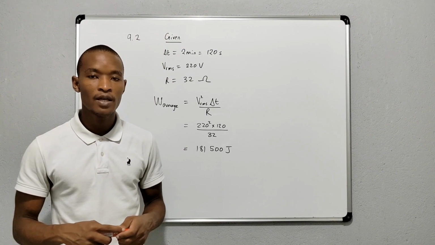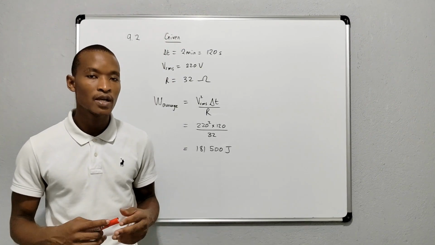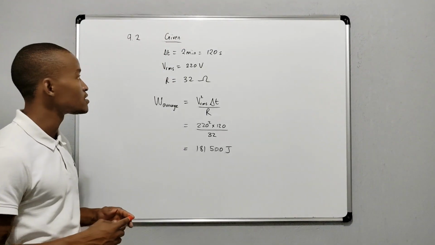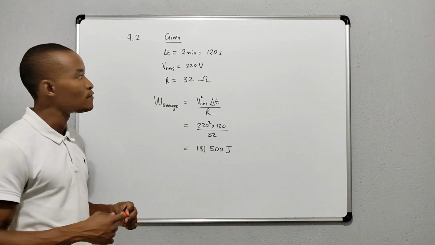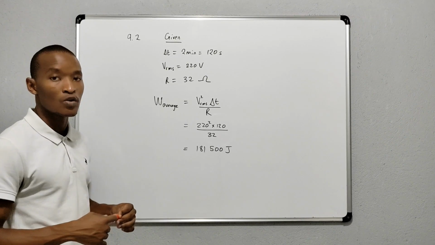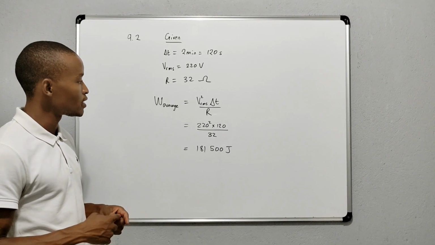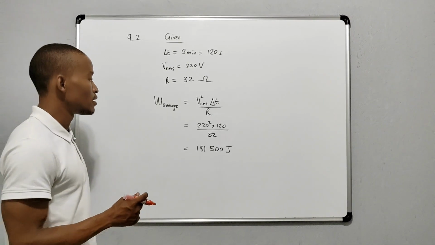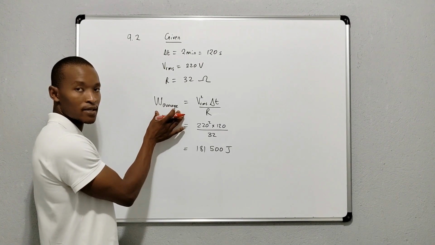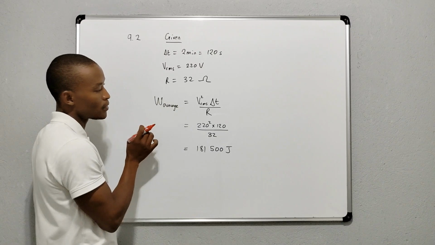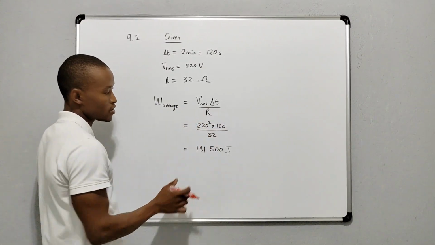Right, so the last question is about doing some calculations involving resistance, time taken, as well as the root mean square voltage supplied by the wall socket, right? So there is an equation to talk about the average energy dissipated by the kettle here as our electrical appliance, and this is the expression here.